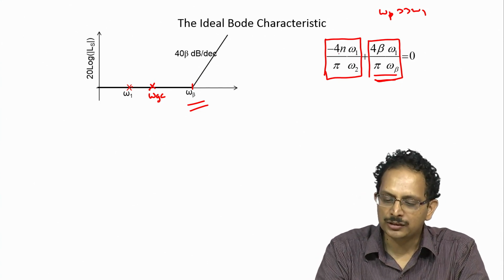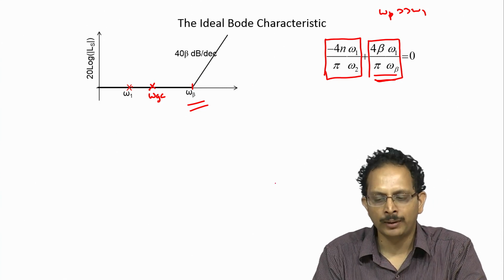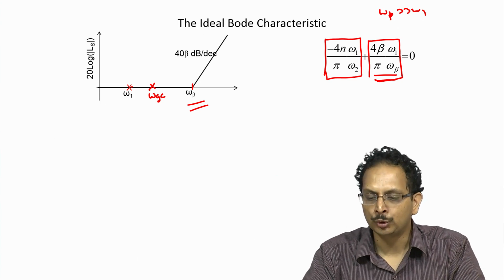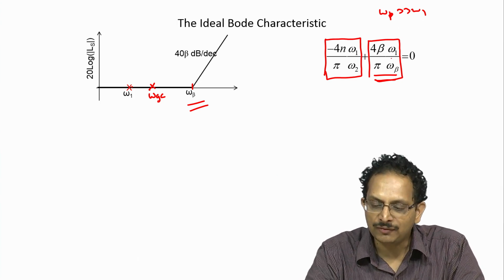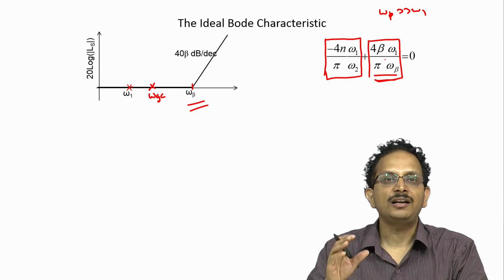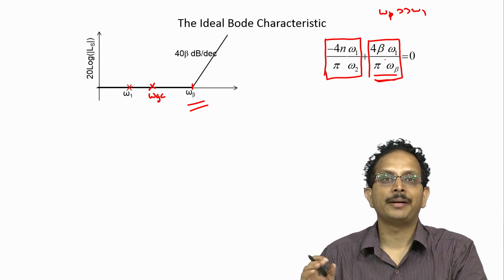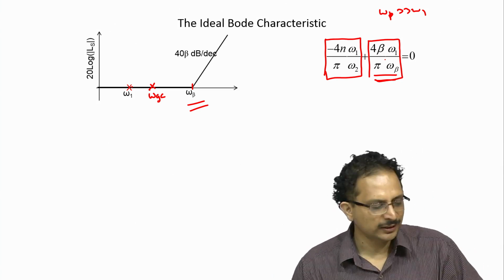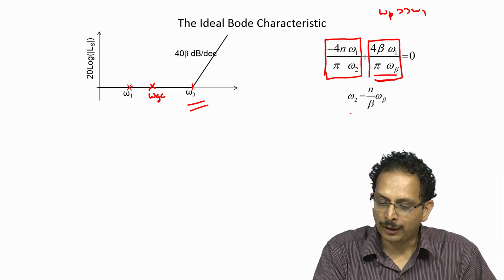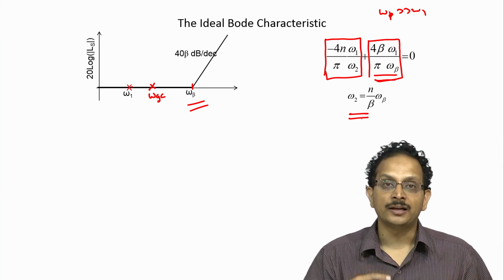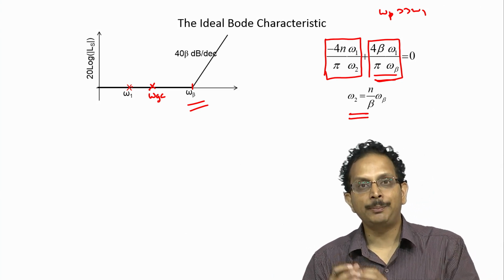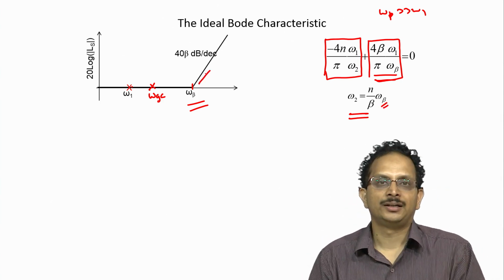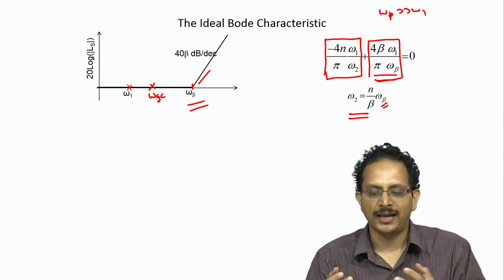So we would have minus 4n by pi times omega 1 by omega 2 plus 4 beta by pi times omega 1 by omega beta. The two should add up to 0, so that at the frequency omega 1 the net phase lag is simply given by minus alpha pi and not by a larger value. If you simplify this expression, you get that the frequency omega 2 at which we can introduce the final characteristic depends on the frequency omega beta at which we introduce this positive slope to the controller's characteristic.